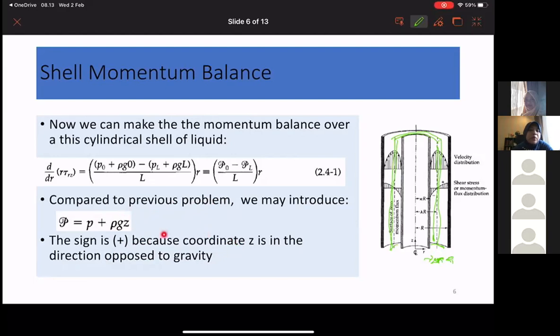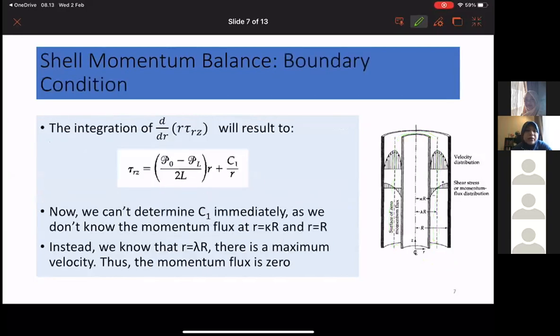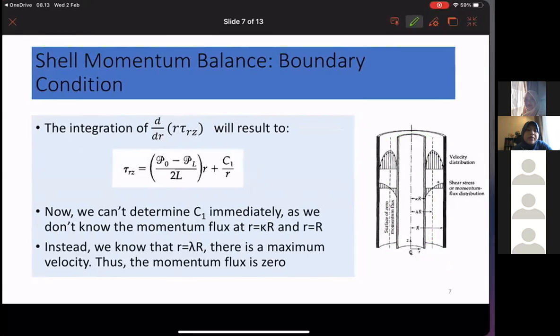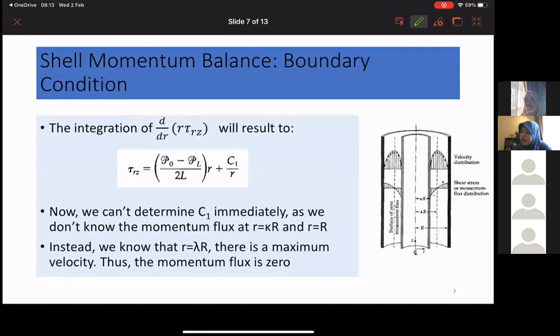In the previous one, if you look at the problems, the p should be minus rho gz. Okay, and after that, we integrate this one, the d over dr of r tau rz.